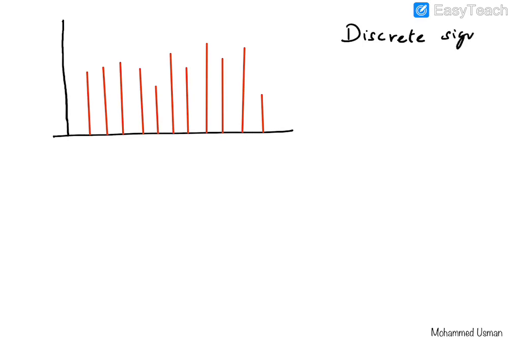Discrete signals, or to be more specific, discrete time sequences. And what we notice here is that the independent variable will be an integer number, which is n. So n should always be an integer, and that means this function is defined only for integer values of n.